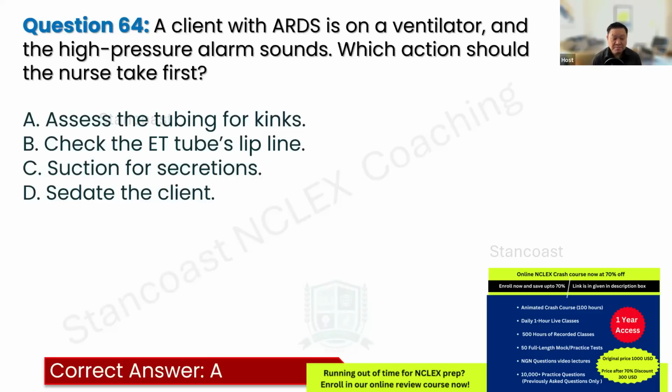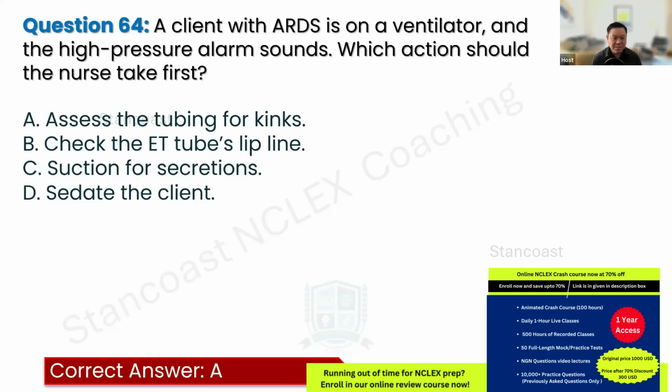For letter C, suctioning may be necessary, but it's more invasive than checking for kinks. And for letter D, sedation may reduce bucking, but should be a last resort after other options are exhausted. So when you're dealing with ventilator alarms, start with the least invasive action to troubleshoot effectively.